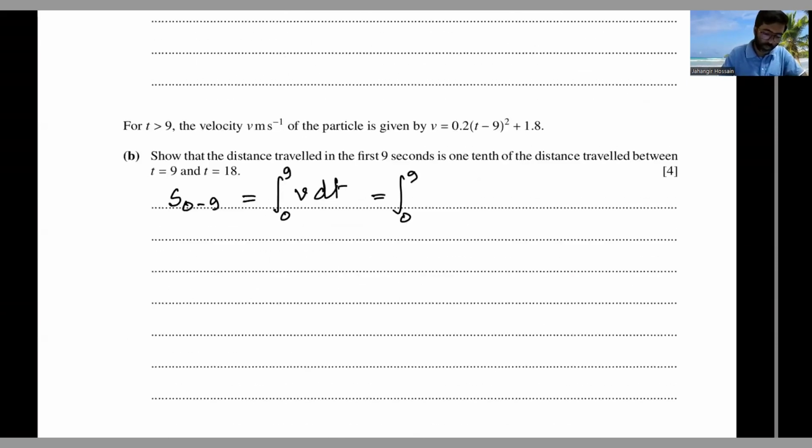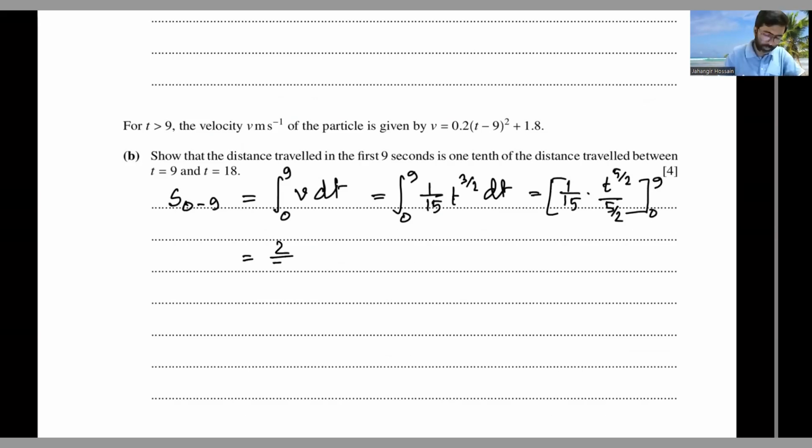To integrate this, we have 1 by 15 e to the power 5 by 2 divided by 5 by 2, and the limit is 0 and 9.